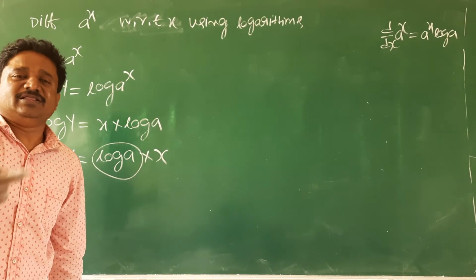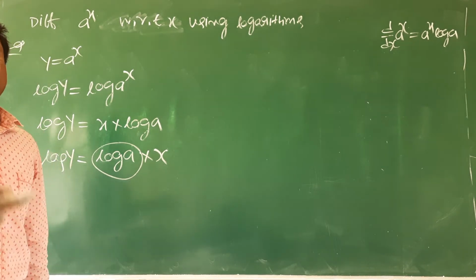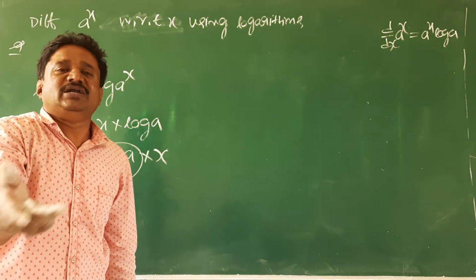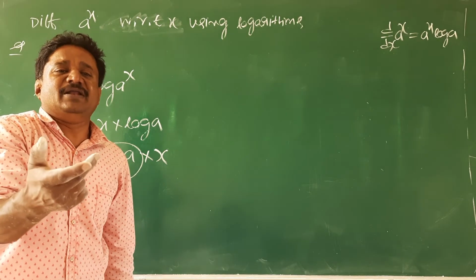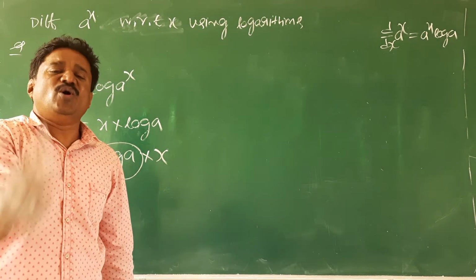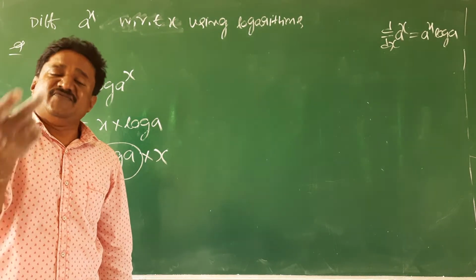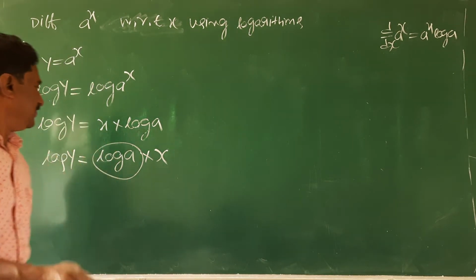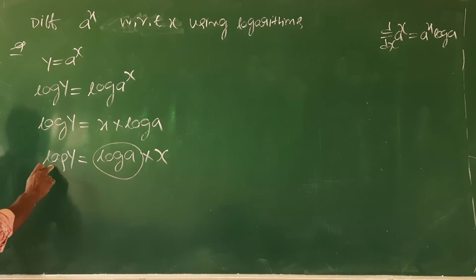How do you decide the given quantity is constant? Very simple. If it does not contain a variable, you treat that as constant. No variables means constants, with variables means functions.